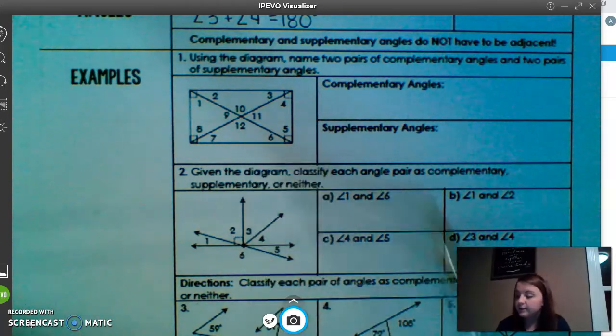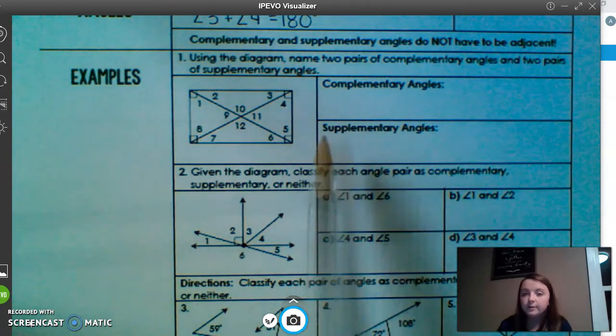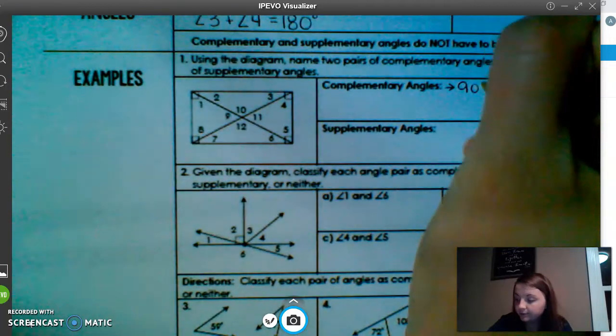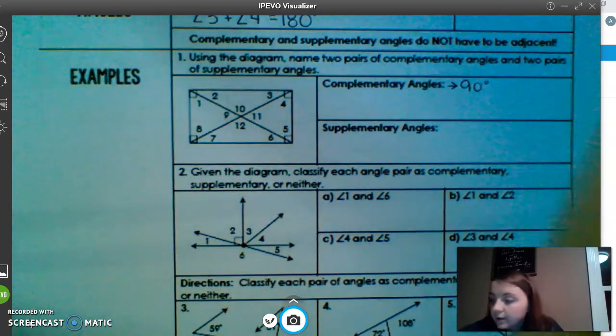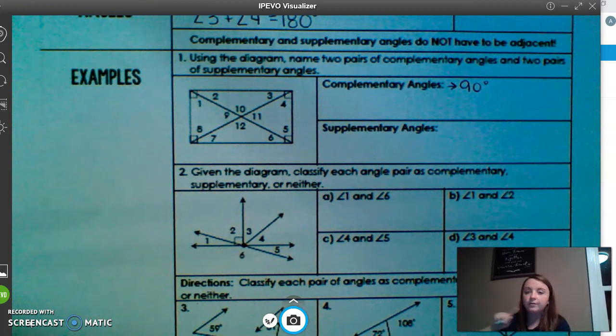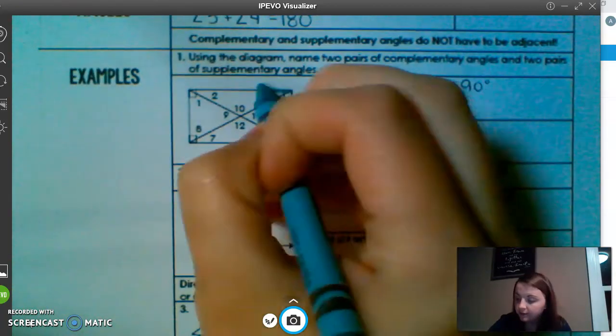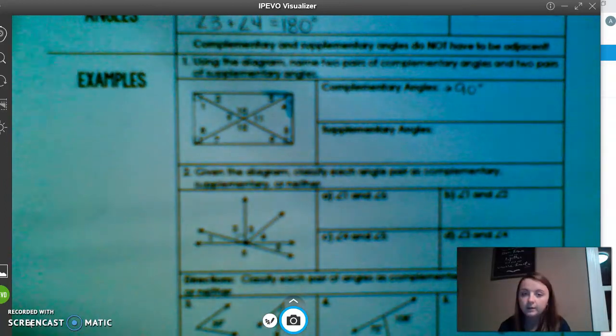So this first example, it says using the diagram, name two pairs of complementary angles and two pairs of supplementary. So complementary, remember, means 90 degrees. I'm going to go ahead and write that down. So I'm looking for a pair of angles. If I put them together, they make a right angle. So an example would be, I know that this right here is a right angle, right?